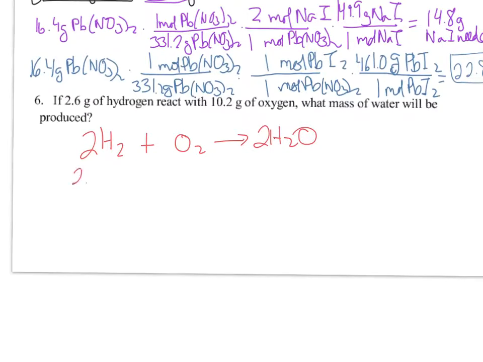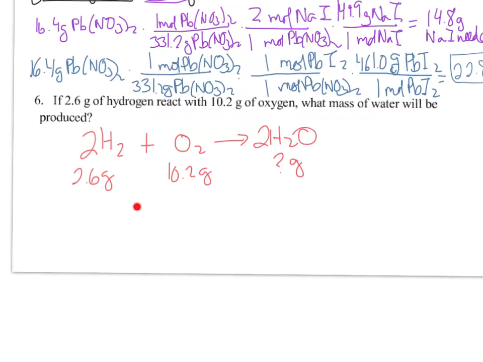I have 2.6 grams of hydrogen. I have 10.2 grams of oxygen, and I'm trying to find the mass of my water. Since I have two values for my reactants, I need to figure out which one is limiting me, and that's the one that I use to figure out how much product I form.